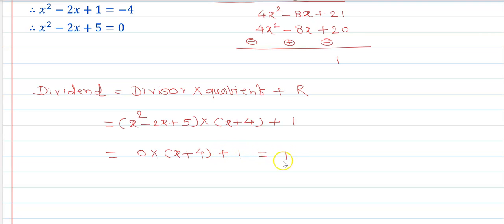And overall you will get 1. And hence the value of polynomial is 1. Okay, 1 is answer.